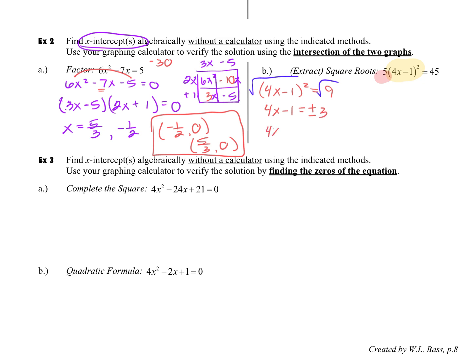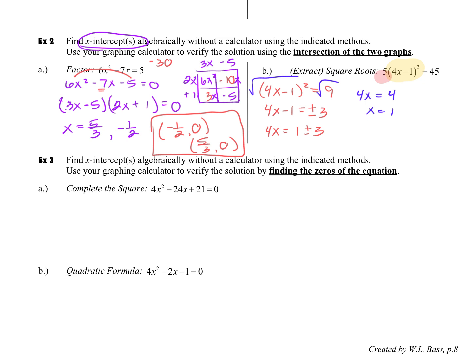Now, I'm going to move that 1 to the other side, so 1 ± 3. And then from here, now that I'm ready to actually divide by this 4, I would go ahead and split this into its two equations. I would say 4x equals, and I'm thinking 1 + 3, so 4x equals 4, or x equals 1.